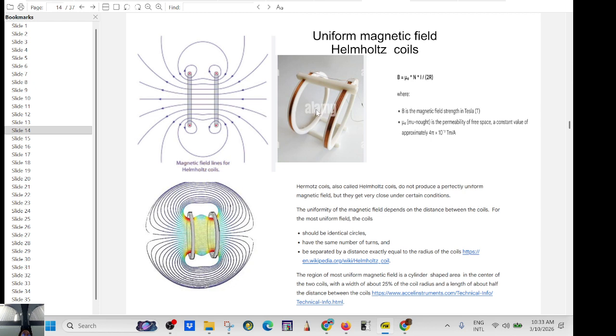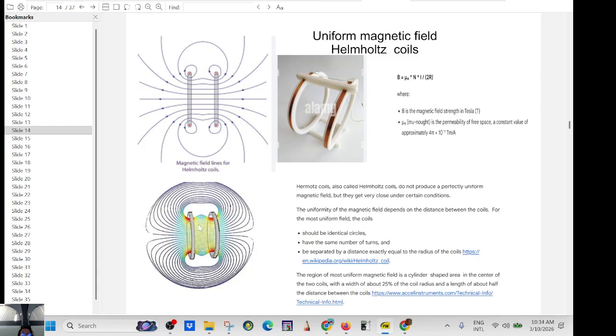The way they make a uniform magnetic field when they are doing experiments in the lab is called Helmholtz coils. So you have two loops of current, and the distance between them should be equal to the radius.